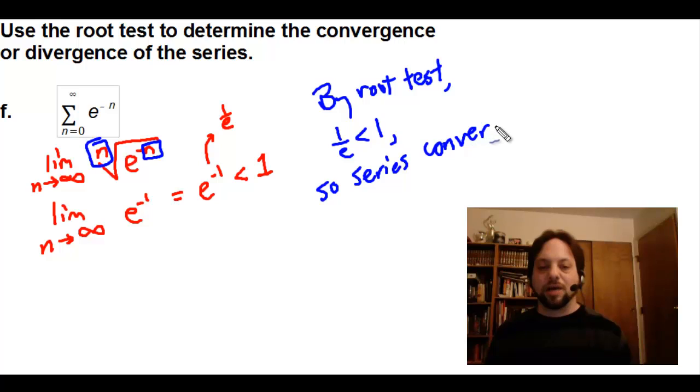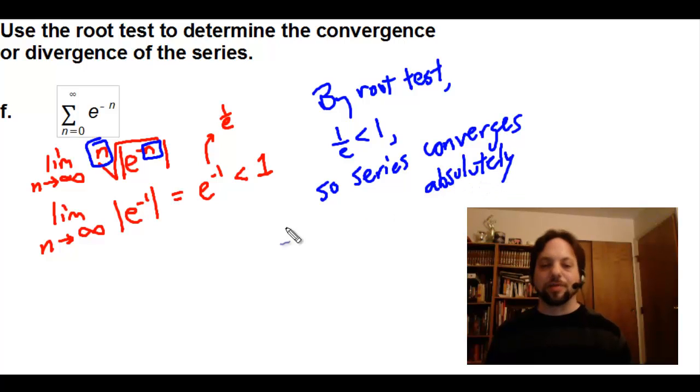In fact, because it's the magnitude we were looking at, remember, this actually converges absolutely. So that's a beautiful thing right there.